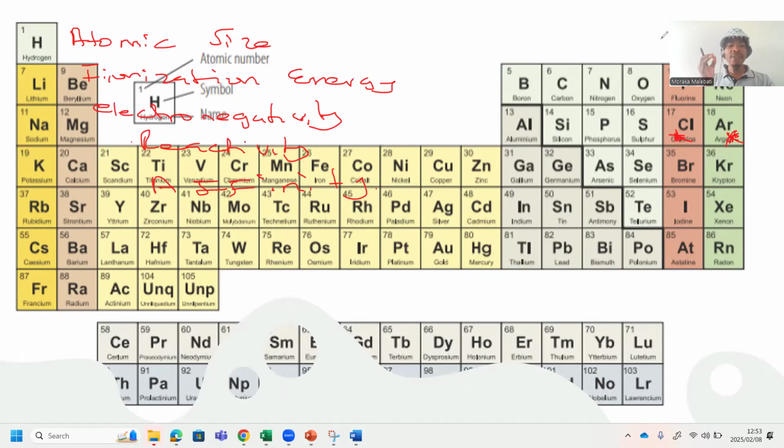So chlorine would love to gain an electron, and as it gains an electron, it releases more energy, making it more stable. But the noble gases like neon, argon, and others are inert. They have already reached their octet state.